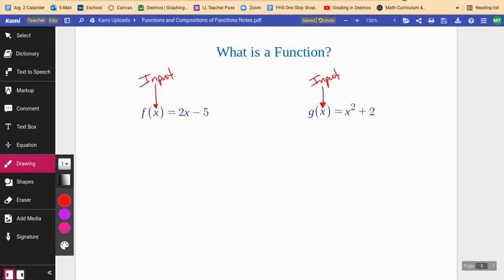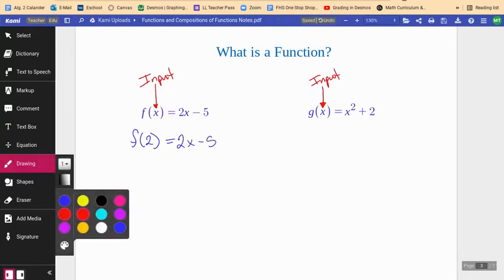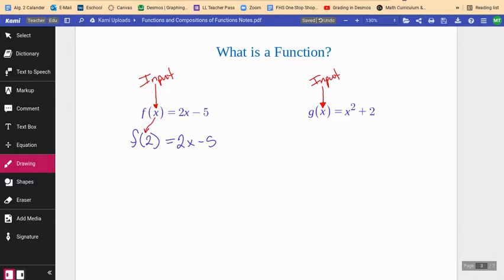If I wanted to find the value of both functions when x was 2, what we would say is, f of 2 is equal to 2x minus 5, right? And so the input here is this 2 value. So what is that telling me?